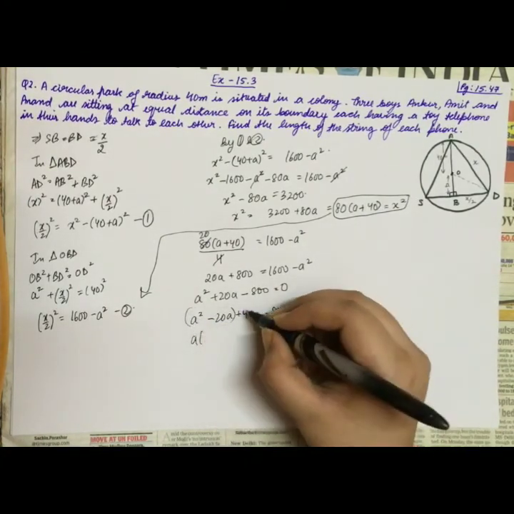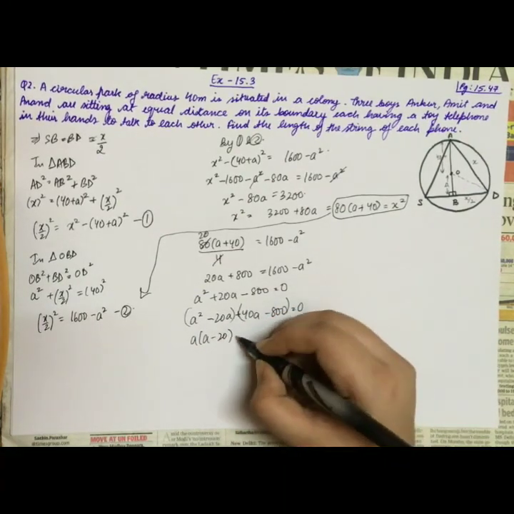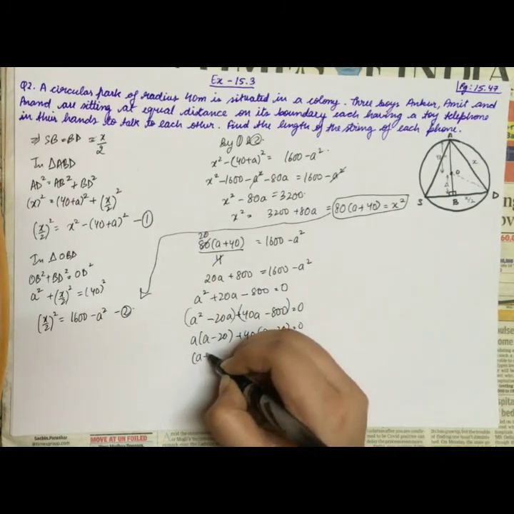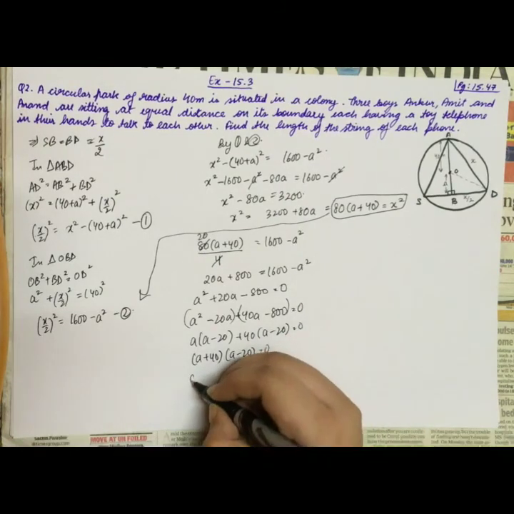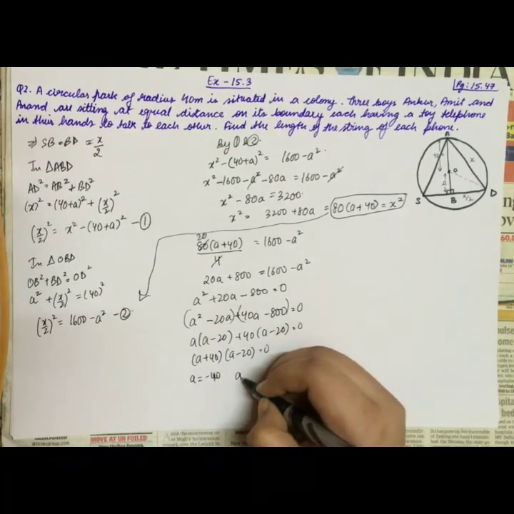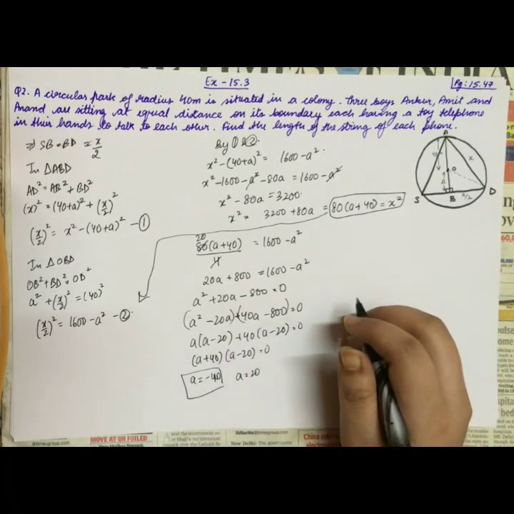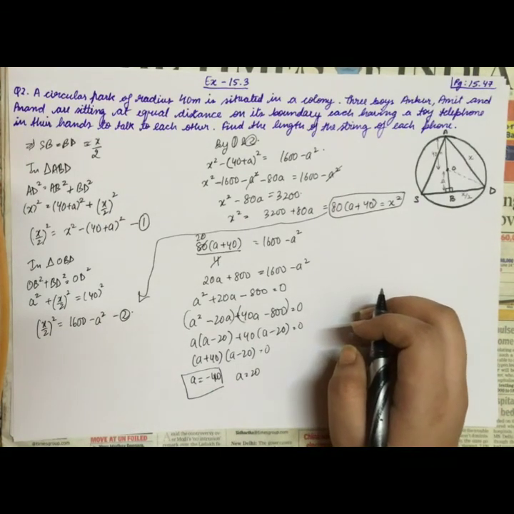We'll group these, so it will become A minus 20 plus 40, A minus 20 is equal to 0, A plus 40, A minus 20 is equal to 0. So we'll get two values of A, that is minus 40 and A is equal to 20. We will neglect this value, that is minus 40, because length cannot be negative.